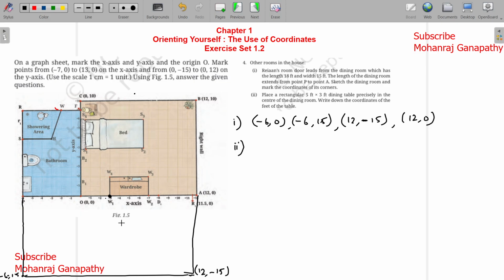So 3 comma minus 7.5, somewhere around here. This is its center.